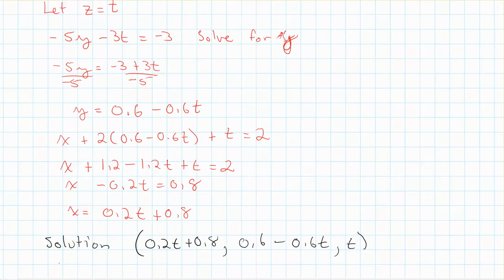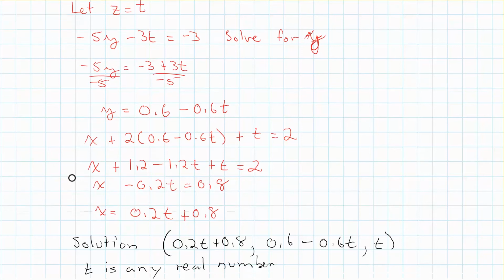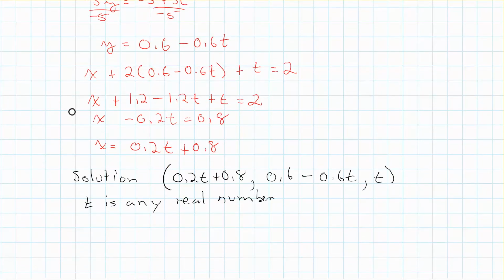And the key here is t is any real number. So there are an infinite number of solutions, but we've displayed all of them. Now, if this problem seemed a little confusing, don't worry too much. This isn't going to be a very big portion of this. I just wanted to do one example like this.